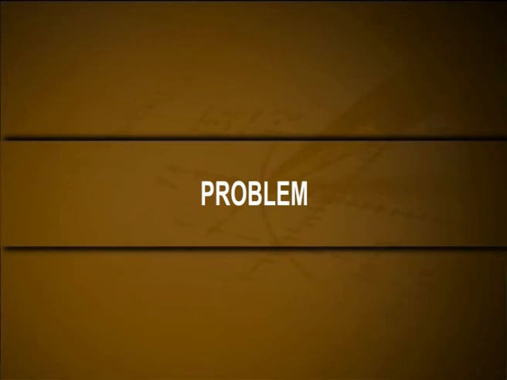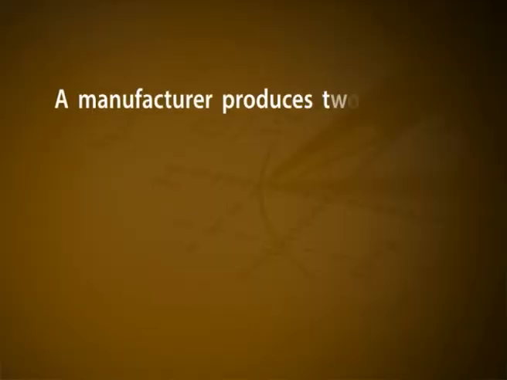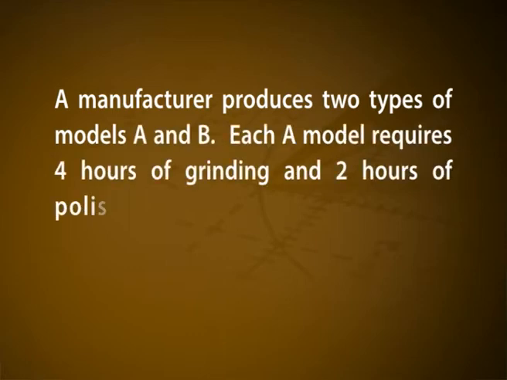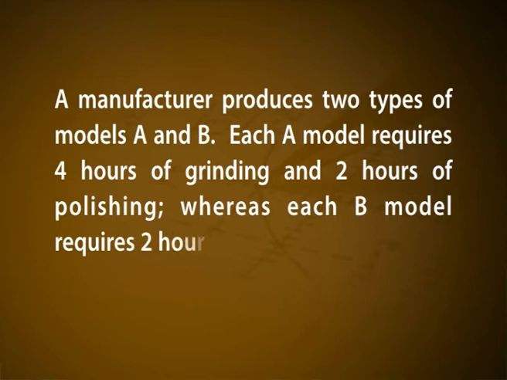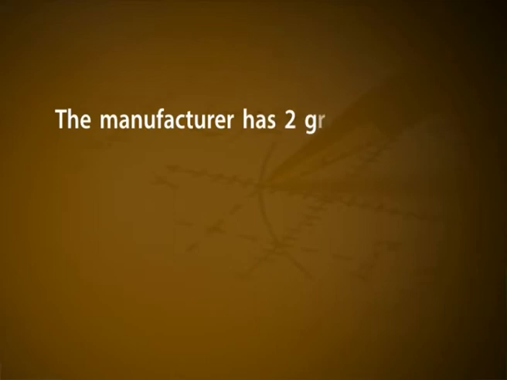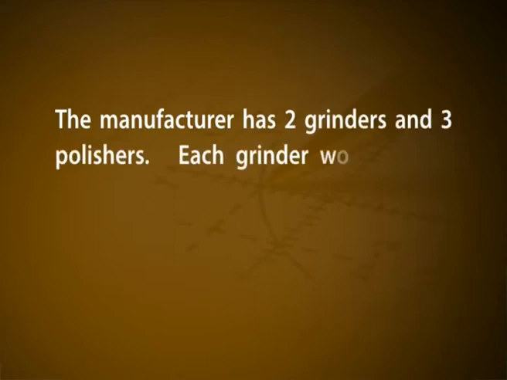Problem: production allocation problem. A manufacturer produces two types of models, A and B. Each A model requires 4 hours of grinding and 2 hours of polishing, whereas each B model requires 2 hours of grinding and 5 hours of polishing. The manufacturer has 2 grinders and 3 polishers.